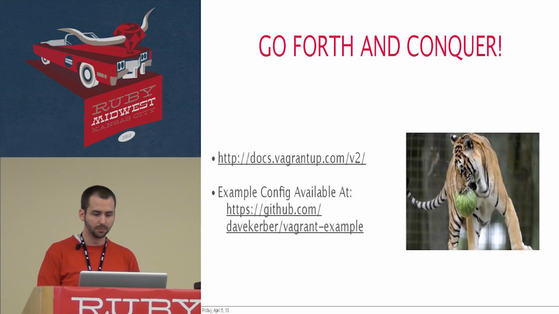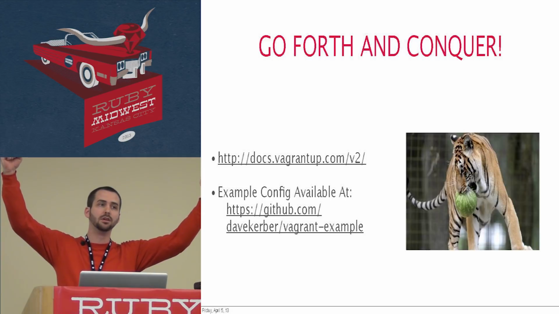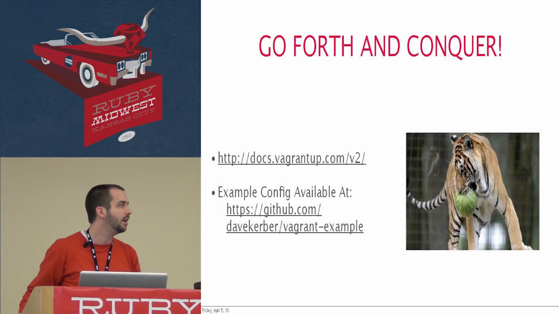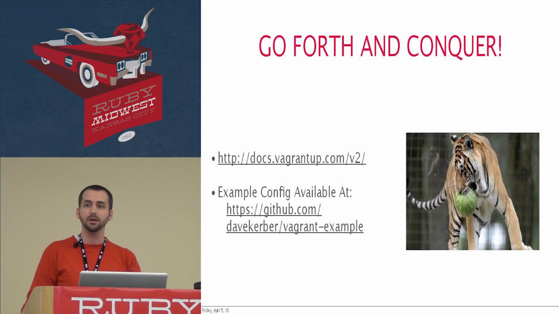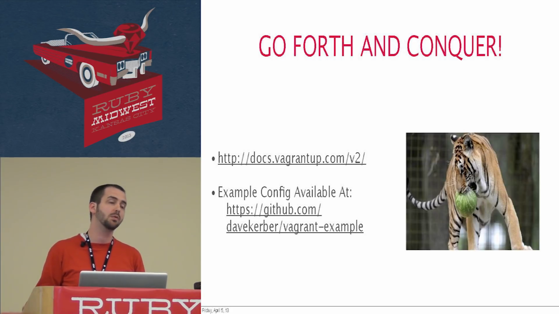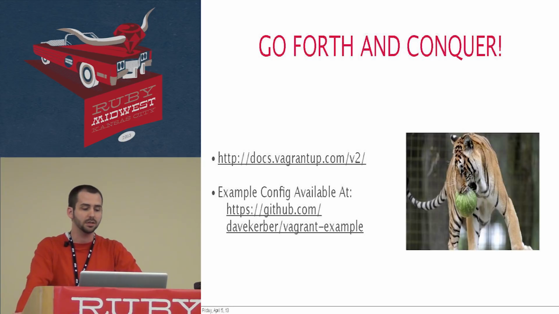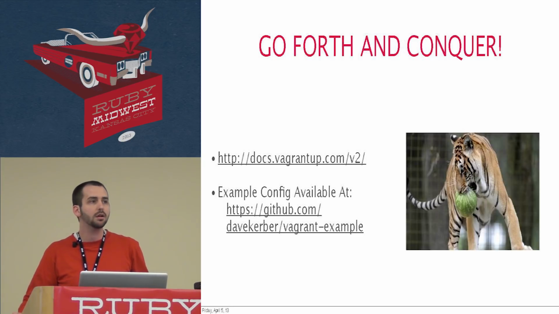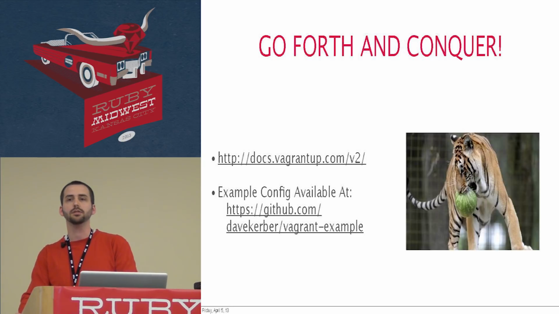So, okay, so we know how to do it. We can go forward and conquer and take this thing over. So I recommend you check out the Vagrant documentation. It's amazing. It's really well done, really well written, great documentation. That GitHub URL is what I just walked you through creating. So it's a whole Vagrant setup. It installs Ruby 1.9.3.